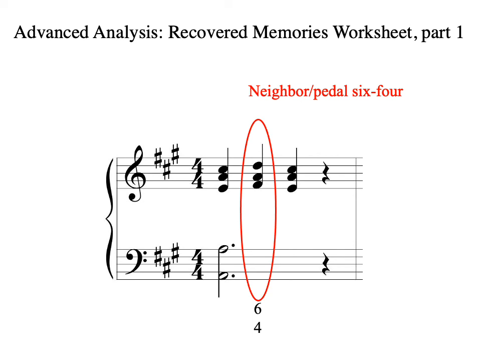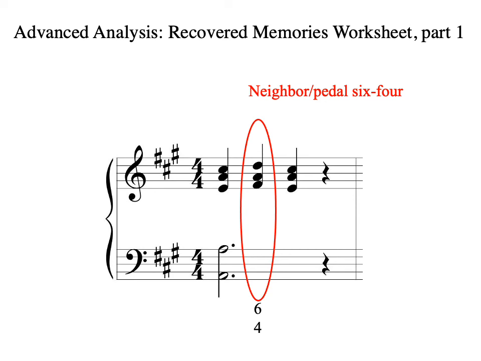So that's what a pedal or a neighbor 6/4 chord is, or an auxiliary 6/4 chord if you like British terminology. And of course the 6/4 chord I'm leaving out is the one we call the arpeggiated 6/4 chord. It's the one you hear when you hear bass lines that do stuff like this. I'm just going back and forth between 1, 1/6/4, 1, 1/6/4.